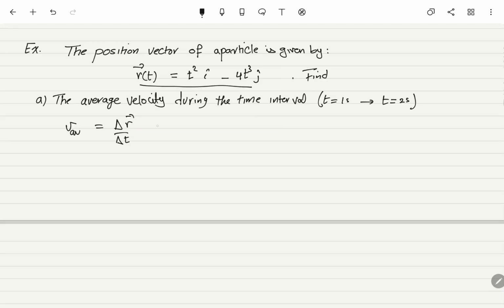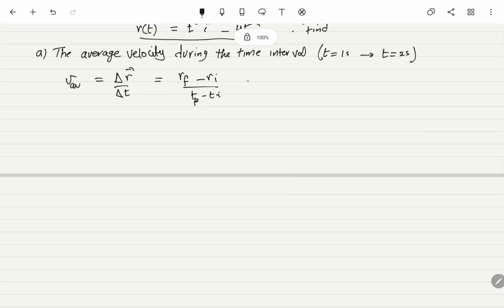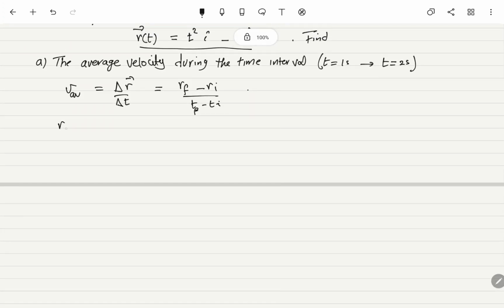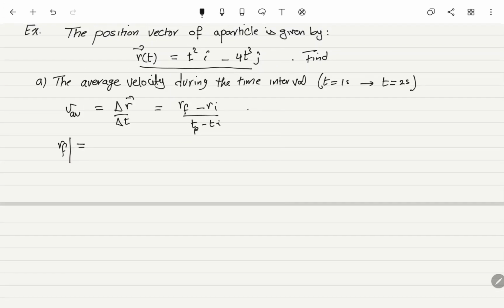So we need to find r final minus r initial, divided by t final minus t initial. In this case, r final equals the position vector when t equals 2 seconds.